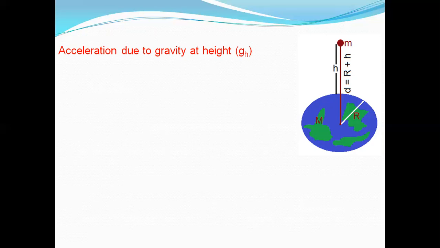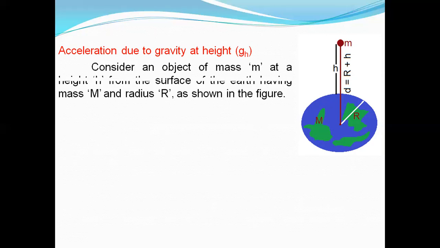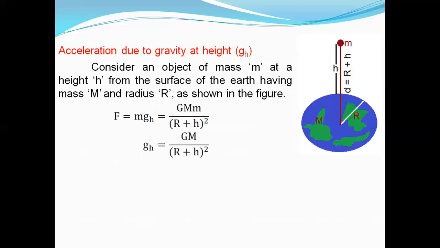So now, if we write in the form of the formula of gravitational force, there are two masses, capital M and small m, and the distance between them is R plus h. So G m1 m2 by d square becomes G M m by (R plus h) whole square. And if we remove small m, g_h will be G M by (R plus h) whole square.